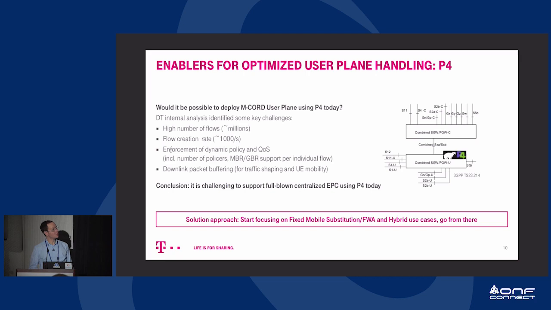So what we considered was just looking at, let's say, typical scenarios and requirements in a carrier network, right? Can we do this in terms of the number of flows? There's typically a number of around millions of flows that a mobile packet core needs to support. There's a high creation rate, meaning attach, detach handling for UEs.